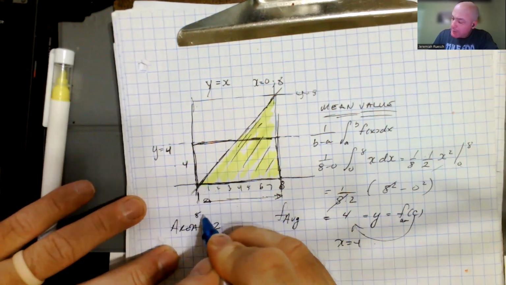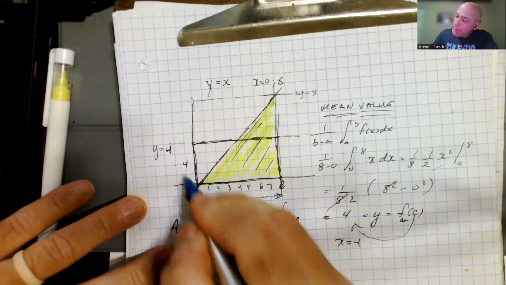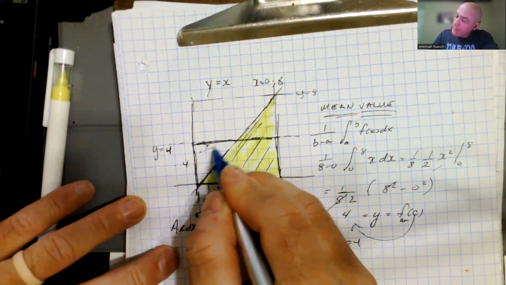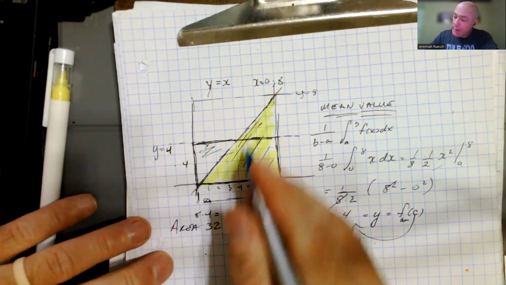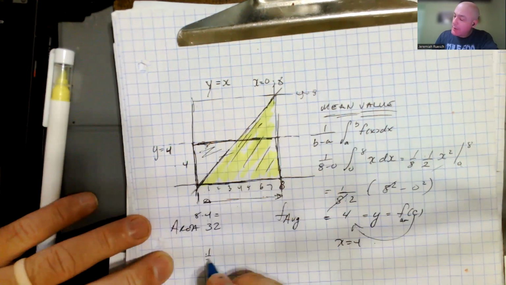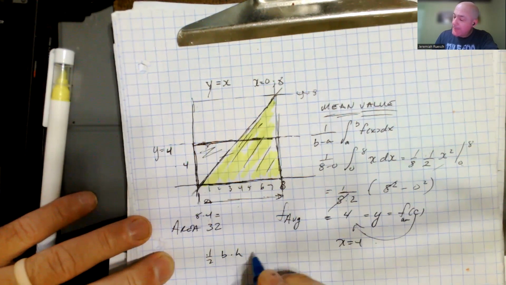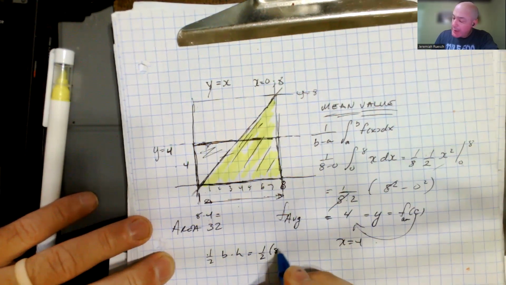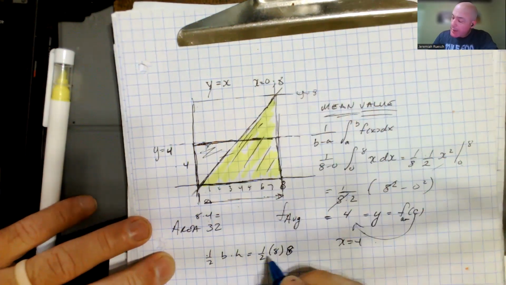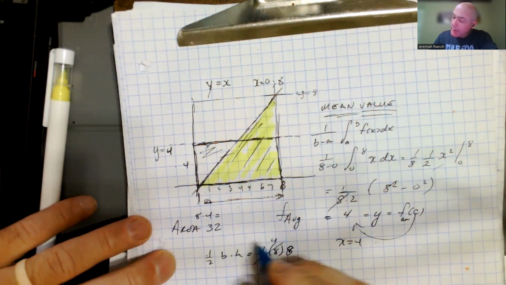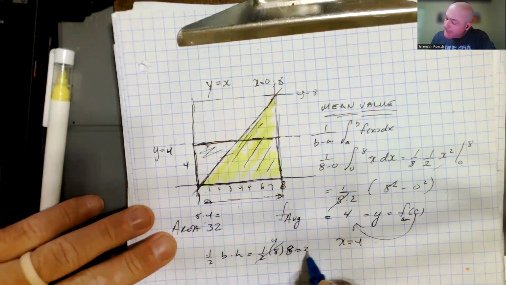So 8 times 4 equals the area of this rectangle. That area is equal to the area of the triangle that's formed here, 1/2 base times height. The base is 8, the same base, but the height goes all the way up to 8. So half of 8 is 4. Oh, look, it's the same thing as 32.